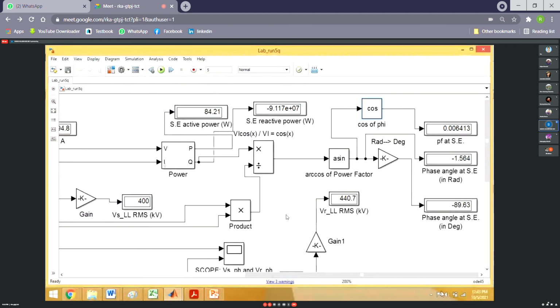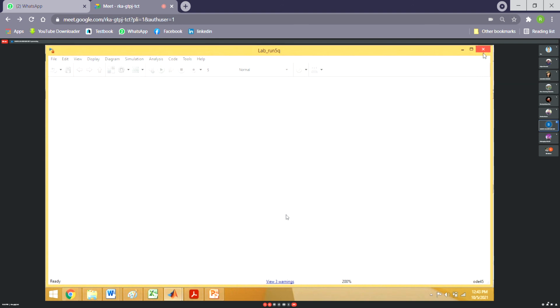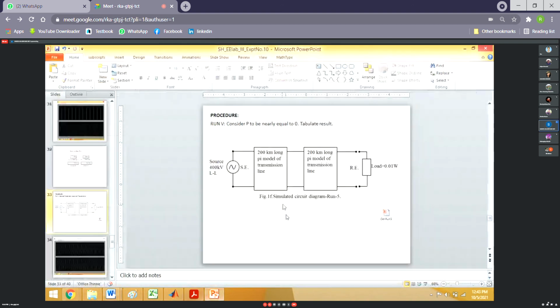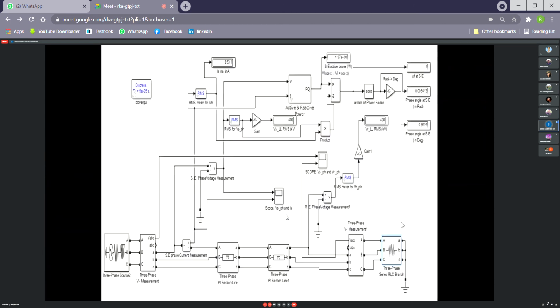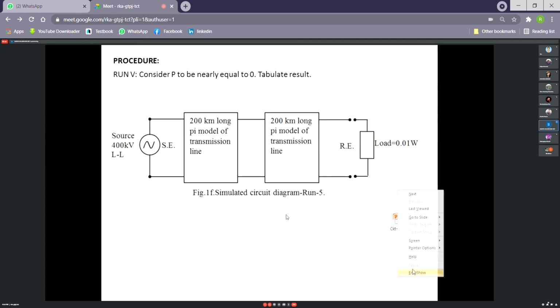I hope you have tabulated all the things, but I shall not give the result in tabulation, because I have modified so many things and I have given you the current results. So this is run 5 where we have connected load at 0.01 watt. The Simulink circuit diagram is not required for you, as you do not draw the actual circuit diagram for lab.